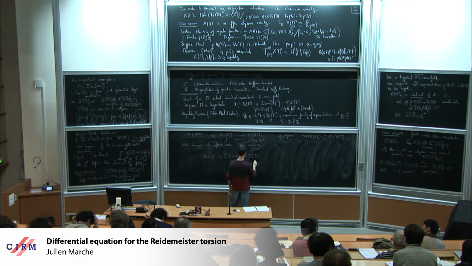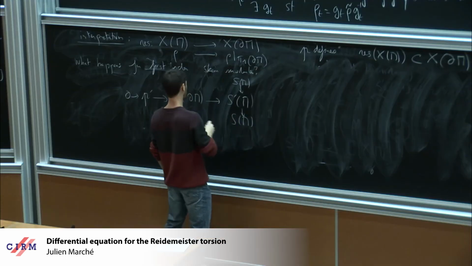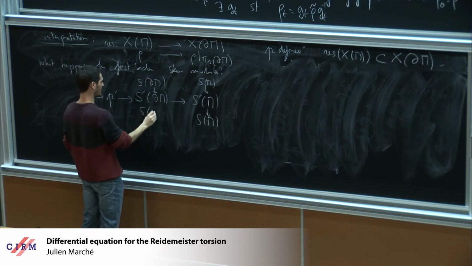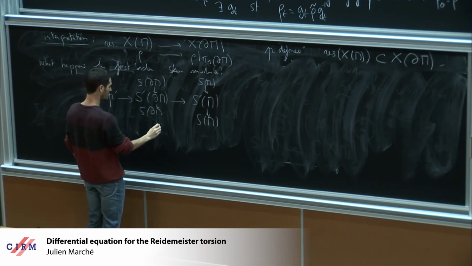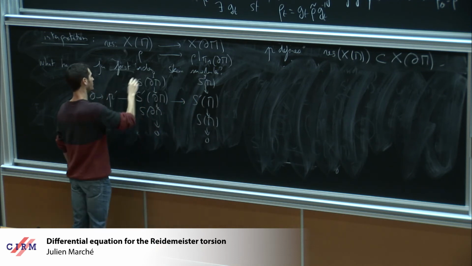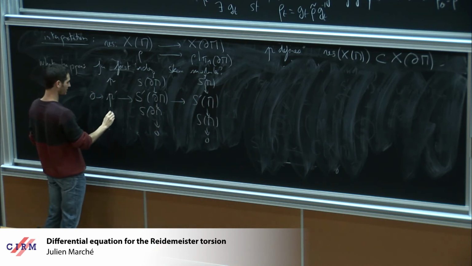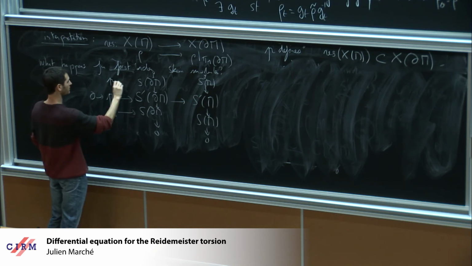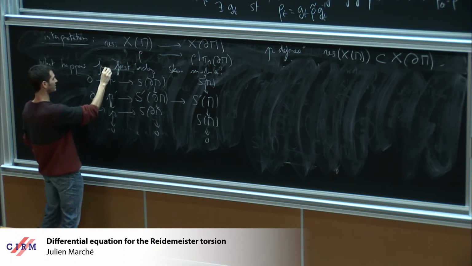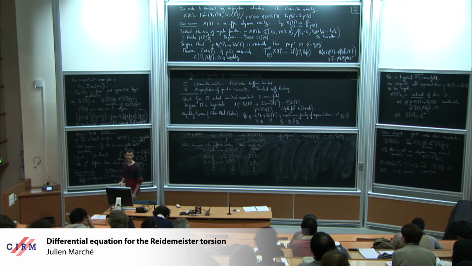S of M, S of M, S of boundary of M, S of boundary of M, 0, 0, 0. And here I have P, P. So can you read my diagram? Okay, so I just put everything in order.